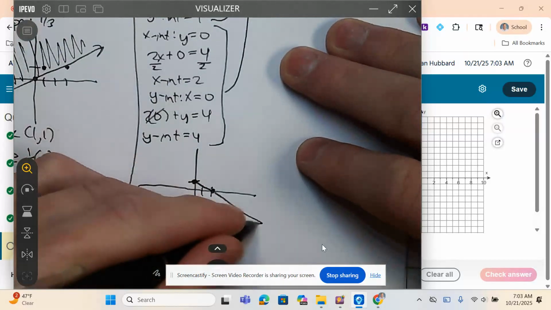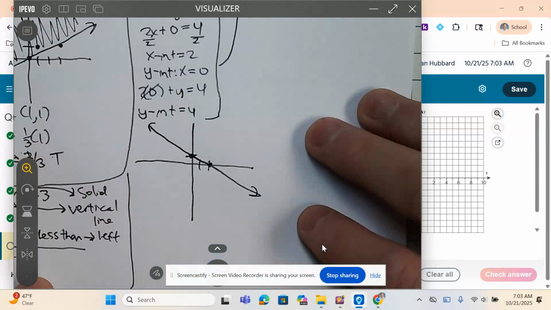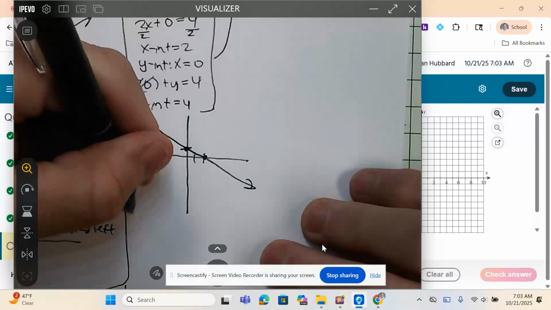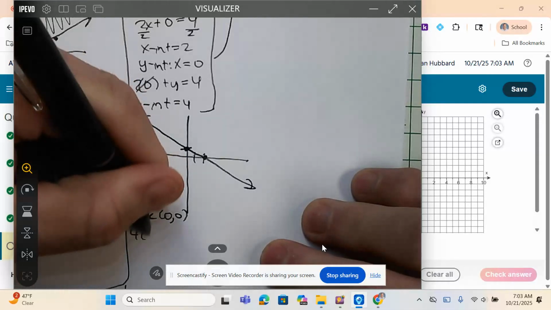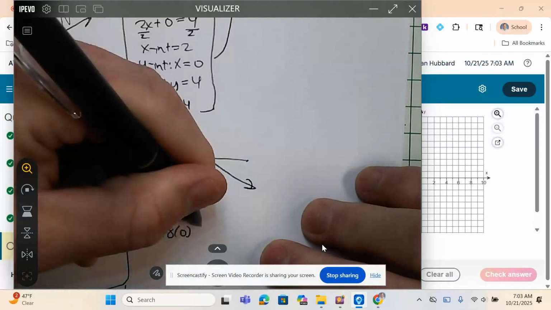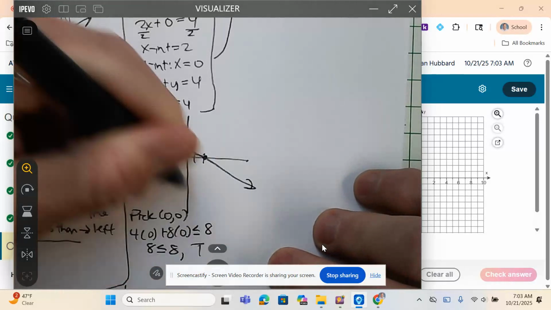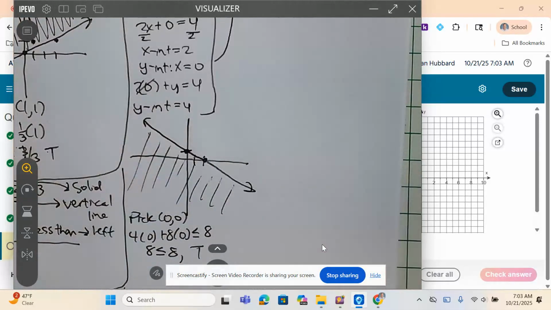Okay, and I'll pick a point here in a moment. Let's go ahead and pick a point for that right now. So I'm going to pick 0, 0. It's 4 times 0 plus 8 times 0. Is that less than or equal to 8? Is 0 less than or equal to 8? That's true. So I'm going to shade towards 0, 0 for the first one.